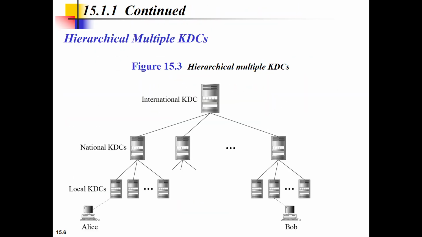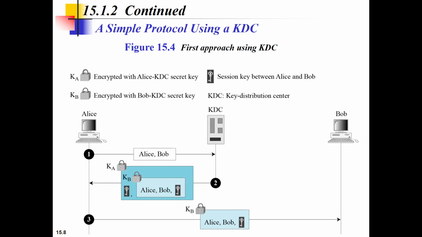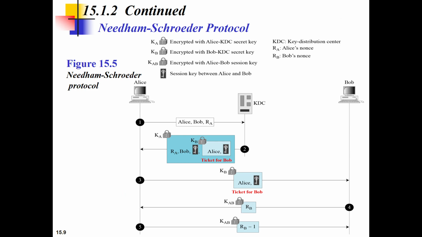So we discussed three protocols here. First is the simple approach, but the problem with it is that it's vulnerable to replay attacks. Now, a solution to that is the Needham-Schroeder protocol.